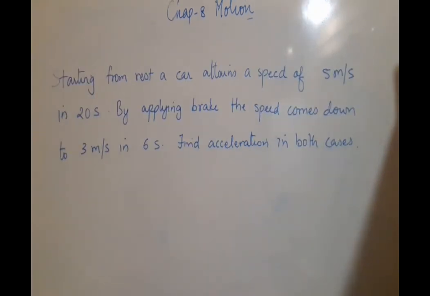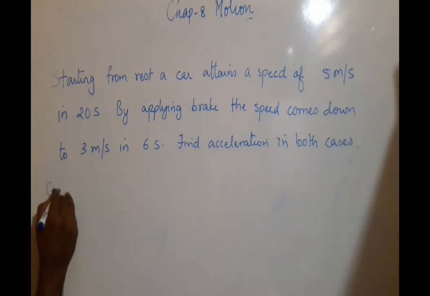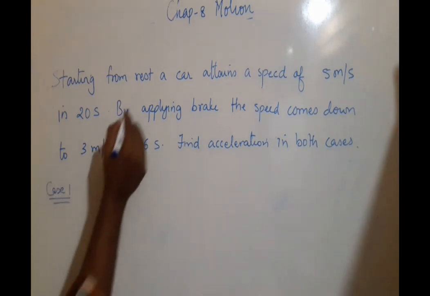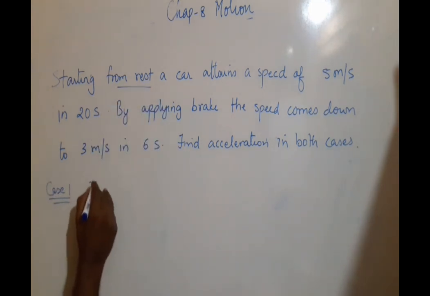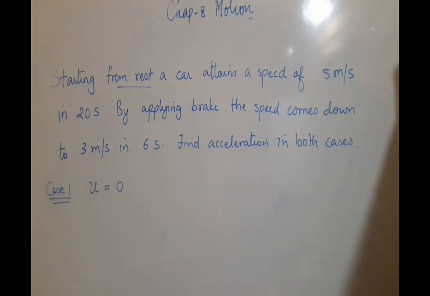Starting from rest, a car attains a speed of 5 meter per second in 20 seconds. After a certain journey, by applying brake, the speed comes down to 3 meter per second in 6 seconds. We have to find the acceleration in both cases. Now the car started from rest. So in case 1, the initial velocity is 0.